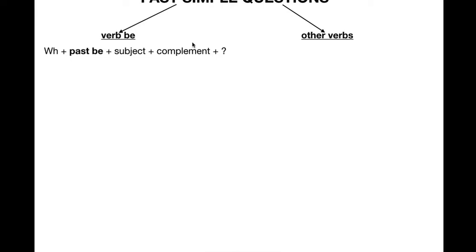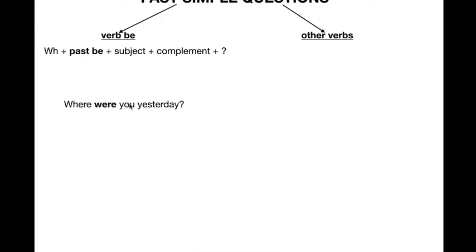But the formula is really similar, it's almost the same. If you want to ask a WH question, is this formula. If you want to ask a yes, no question, only eliminate this and it's gonna be past of be, subject and complement.